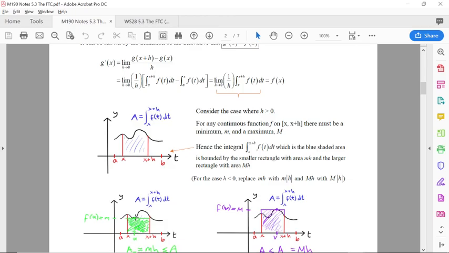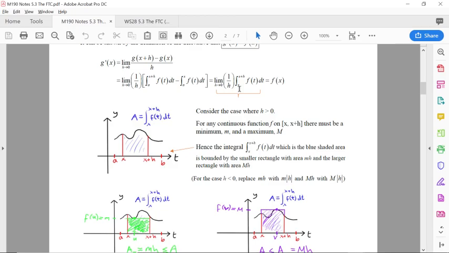The input for that I'm calling u. And so if you evaluate the function f at u, the output of that would be the minimum. Notice geometrically that if that minimum was taken as the height of a rectangle over this entire interval, the area of that rectangle must be an underestimate for the actual area we're trying to find.